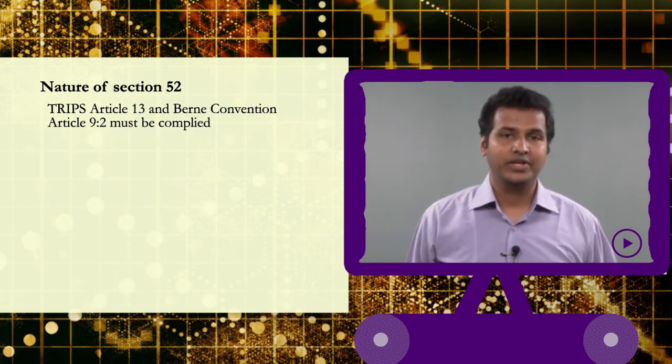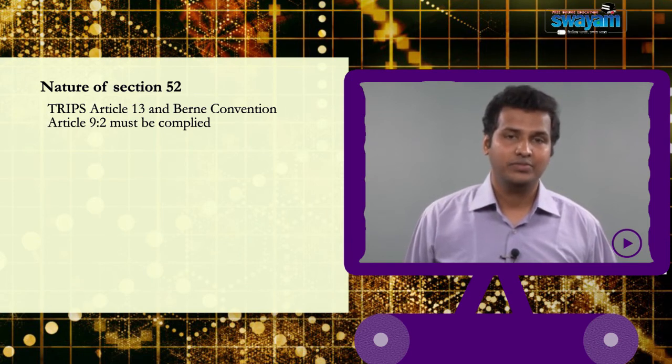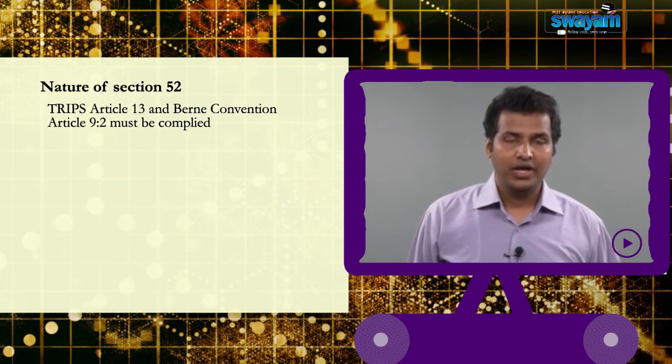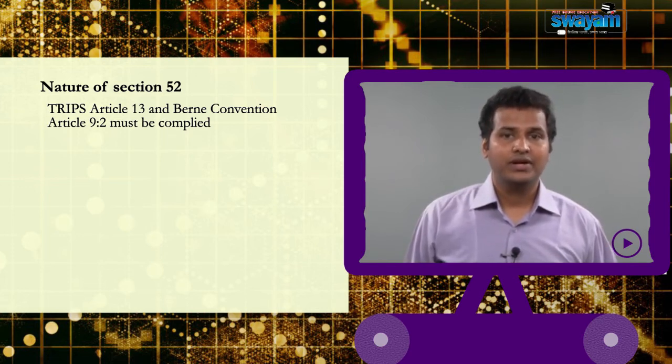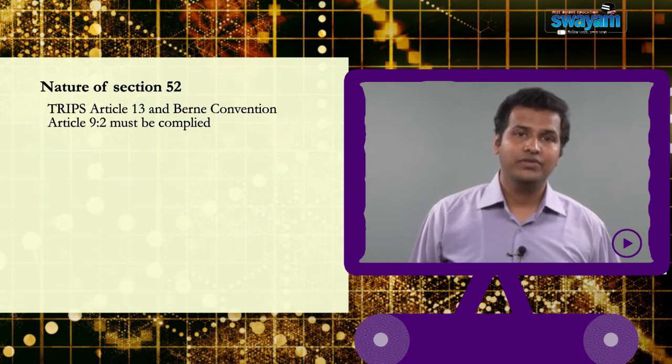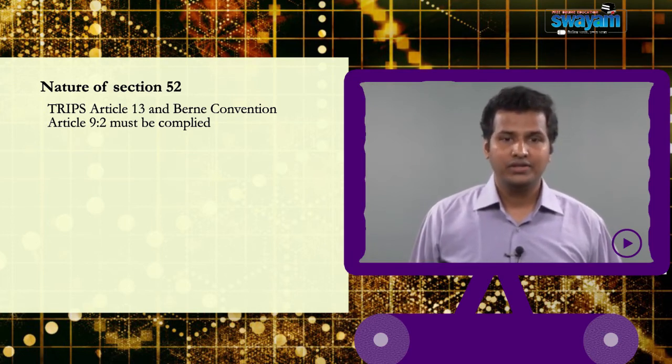Most importantly, what should be considered in the context of section 52 is that it is largely to be judged for its consistency with the TRIPS agreement, the agreement on trade related aspects of intellectual property rights, which India signed in 1994 and which has come into force since then. We are expected to be in compliance with article 9(2) and article 13 of the TRIPS agreement. What does article 13 say?